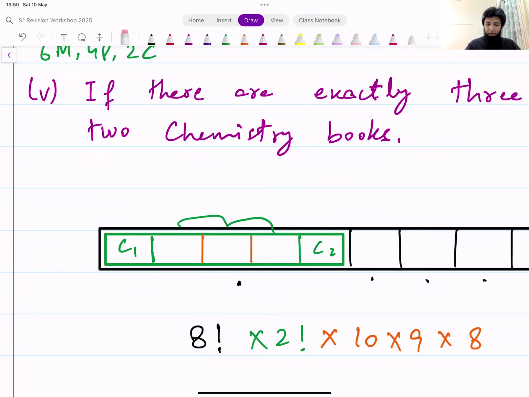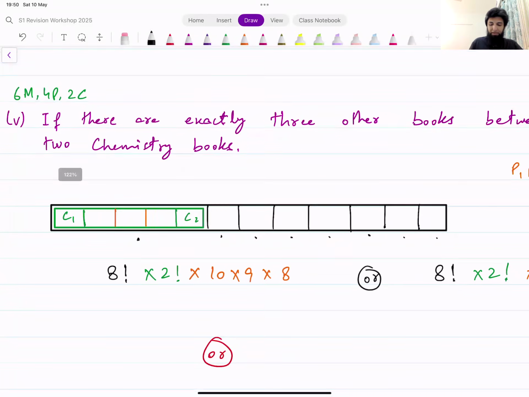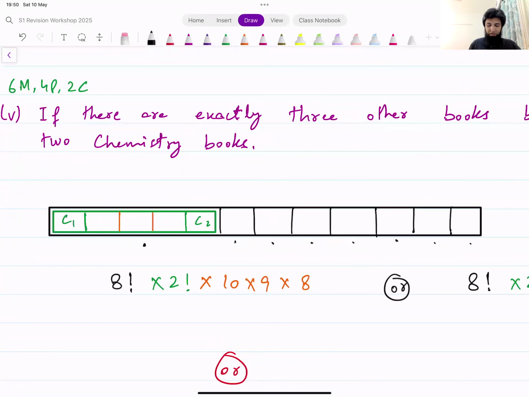Now, how many boxes does that leave us with? 1 big box, 2, 3, 4, 5, 6, 7, 8. That's 8 boxes. In how many ways can we arrange these 8 boxes? 8 factorial ways. We can arrange these 8 boxes in 8 factorial ways.